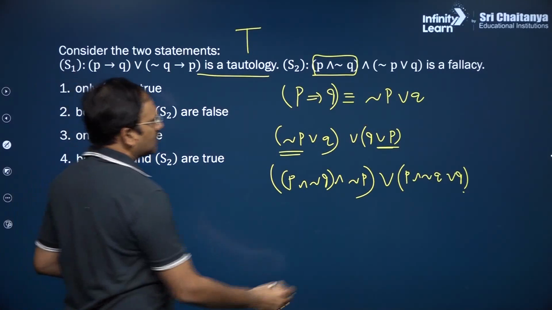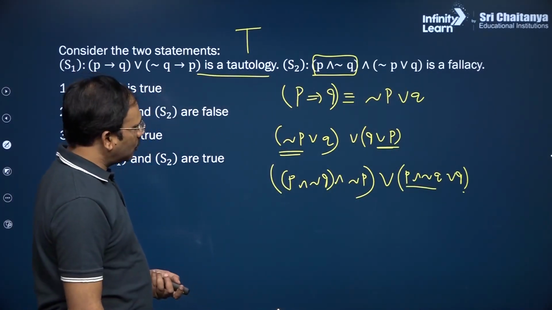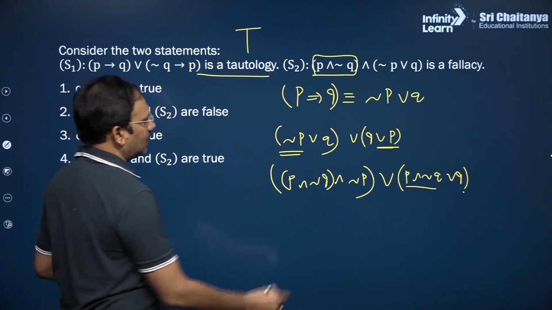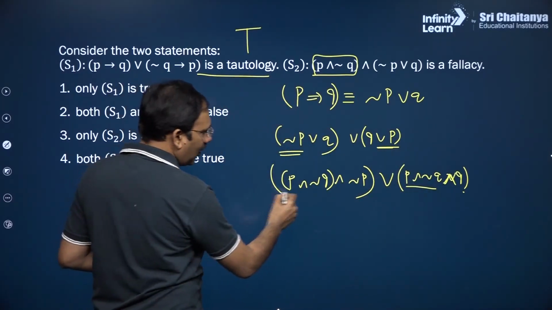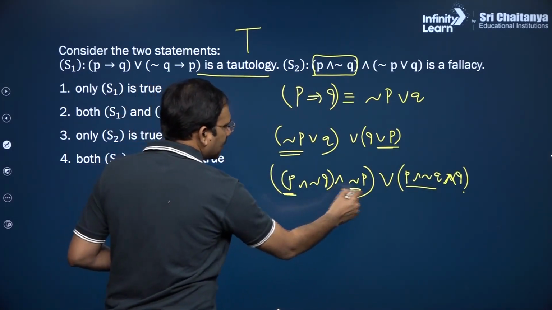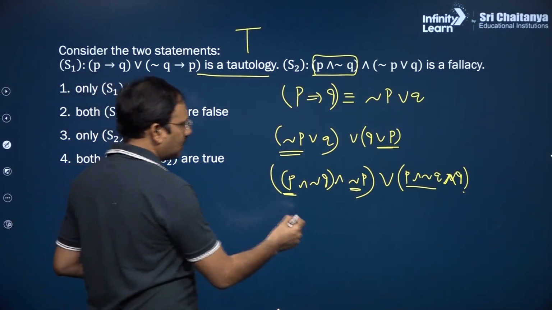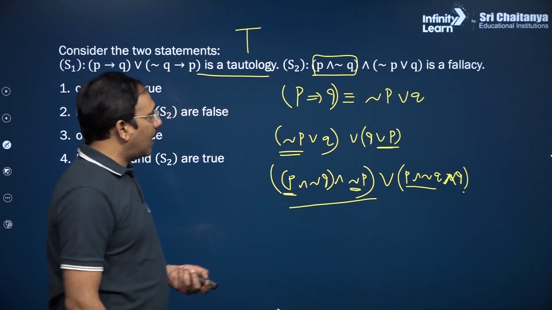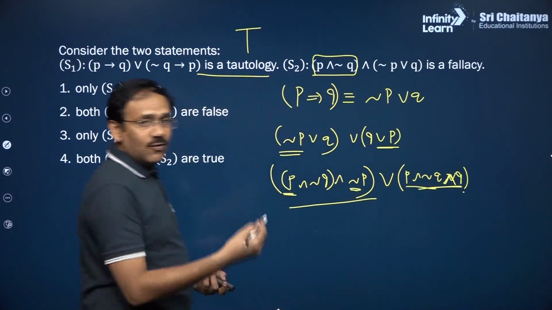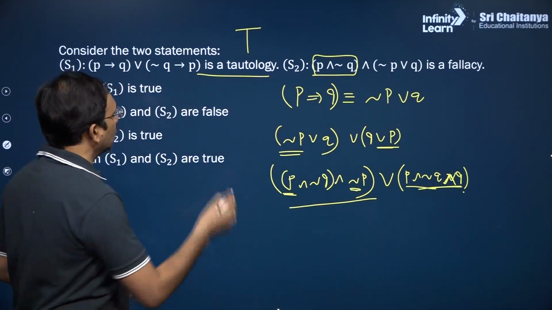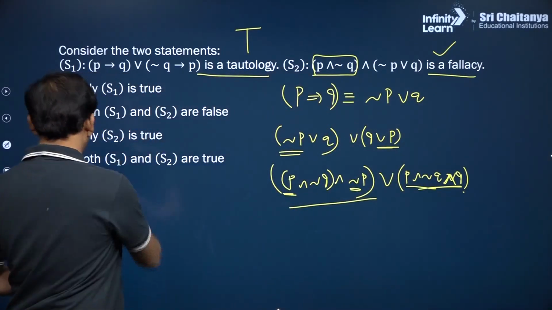You just see, this is P and Q are R, P and Q are P and R. Now, my dear friends, here you see all symbols are AND, P and negation P is always false. So, false and any statement is false. This is false, my dear friends. Or you can also say here Q and negation Q is always false. False or any statement is false. So, this is also a fallacy. Fallacy means contradiction. So, both the statements are correct, my dear friends.